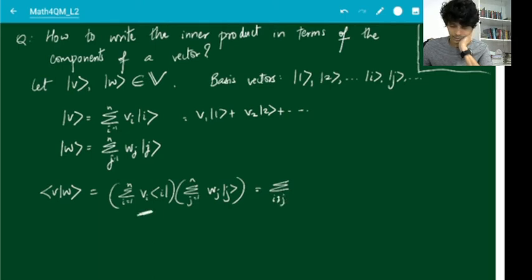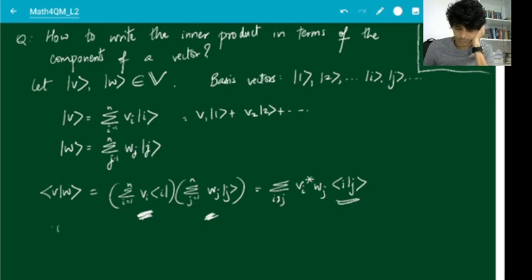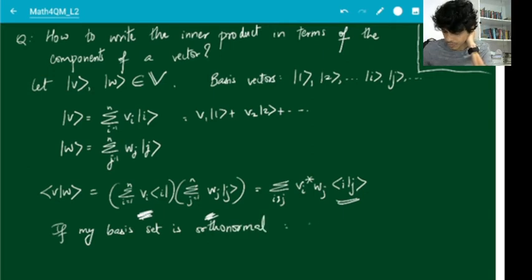Now see, V is sitting on the bra side, so its components get complex conjugated when they come out. W's are sitting on the ket side, so they come out as they are. And then the inner product of i and j. Remember, here i and j are the basis vectors. Now if my basis is orthonormal, what does orthonormal mean?